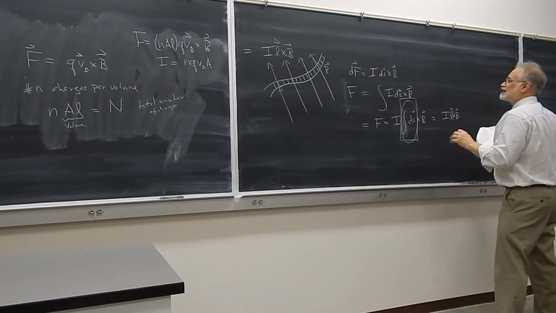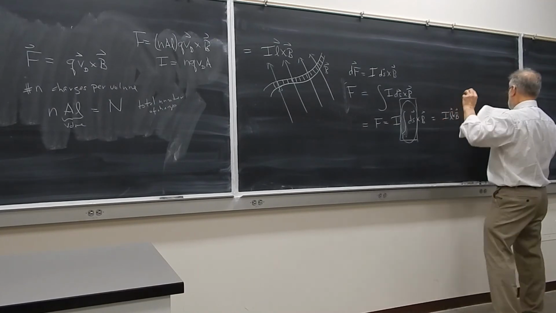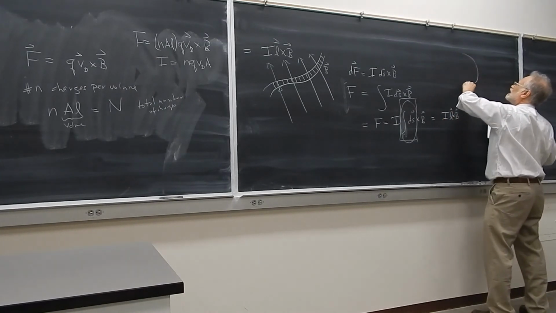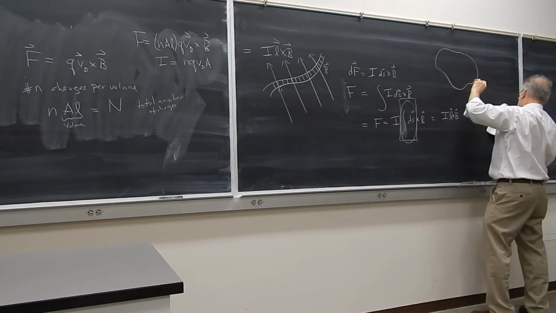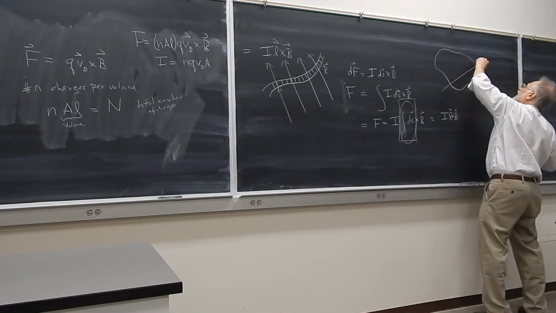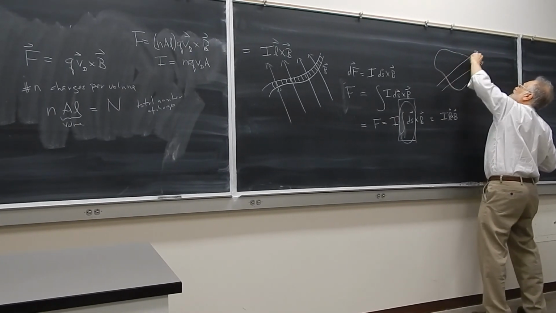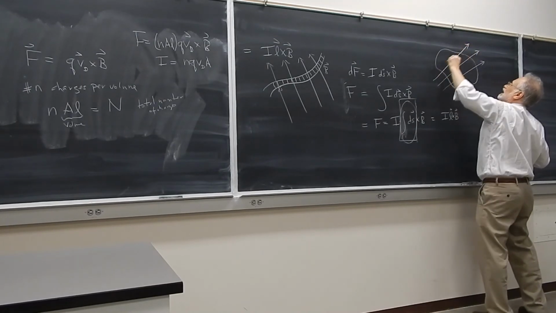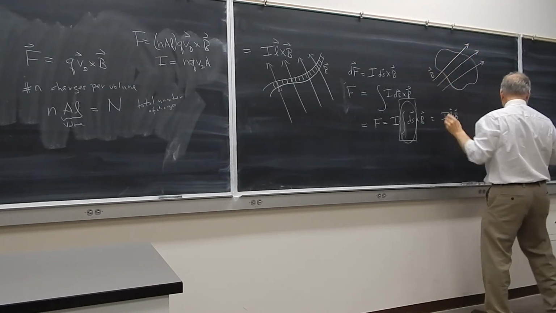On the other hand, I can take an arbitrarily closed loop. So for example, I can have a loop that closes, and I can put that loop of current in an external magnetic field.